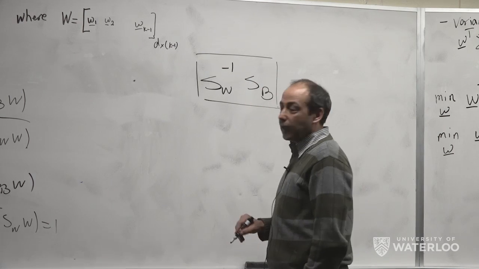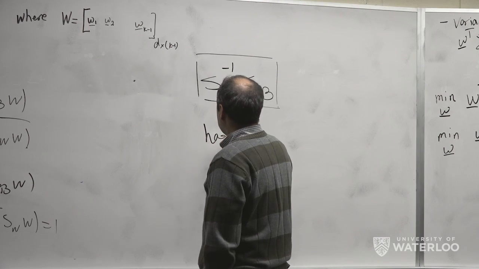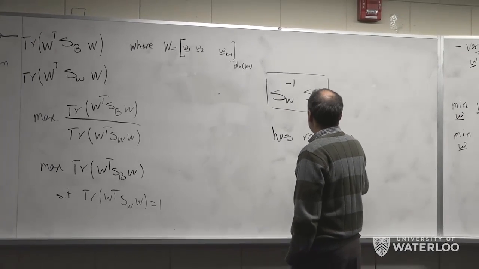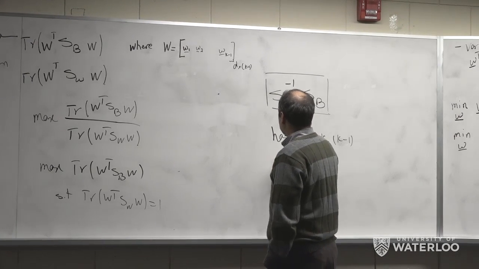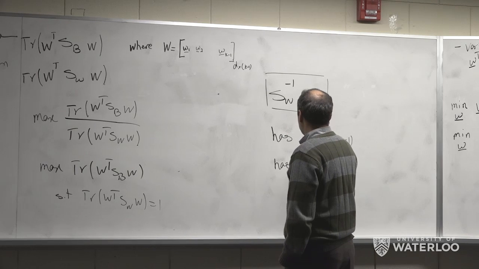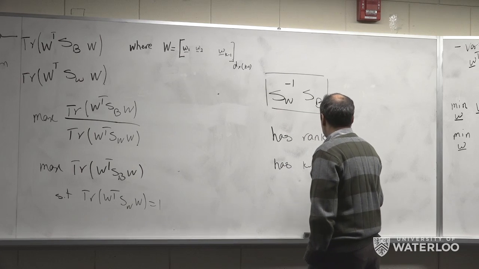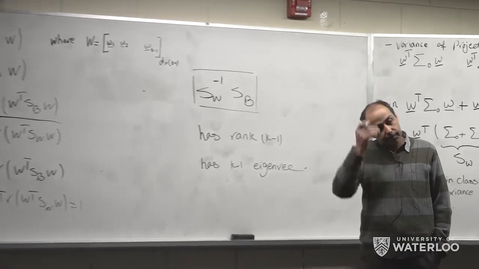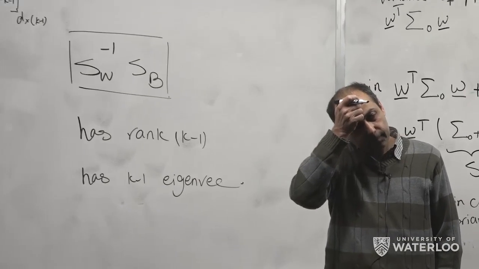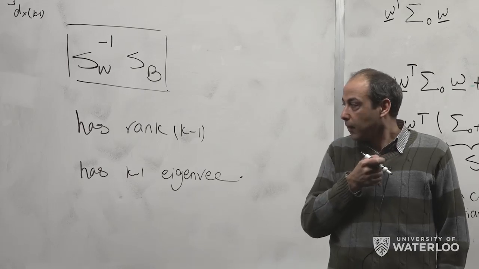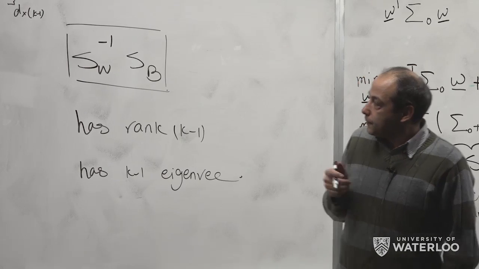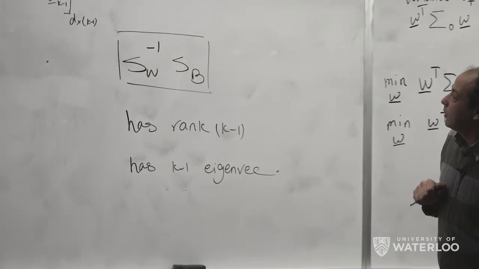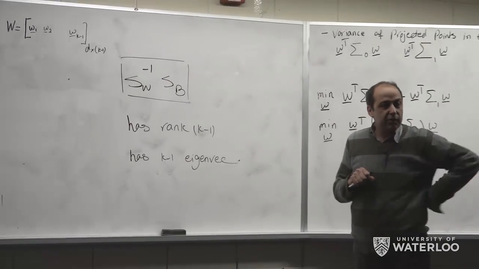You can show that SW inverse SB has rank k minus 1 and has k minus 1 eigenvectors, which are your directions of separation.